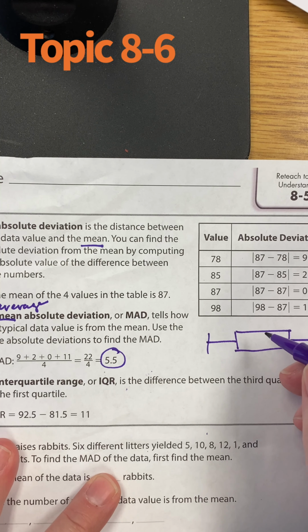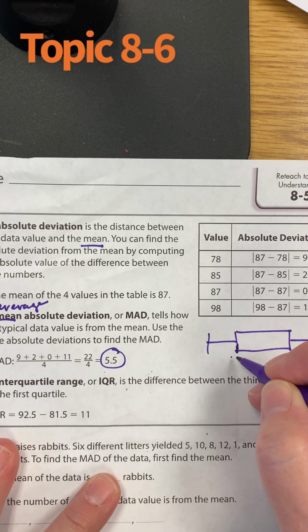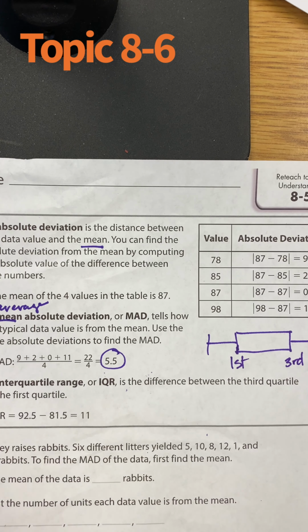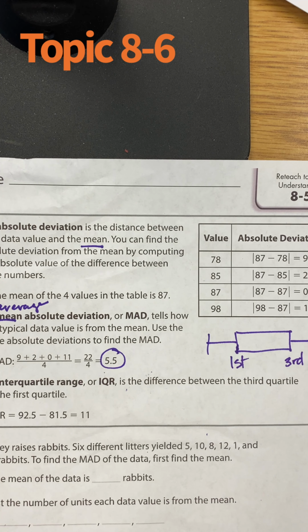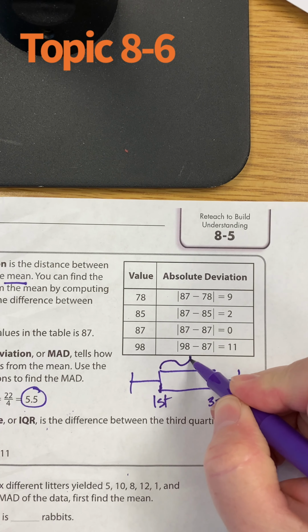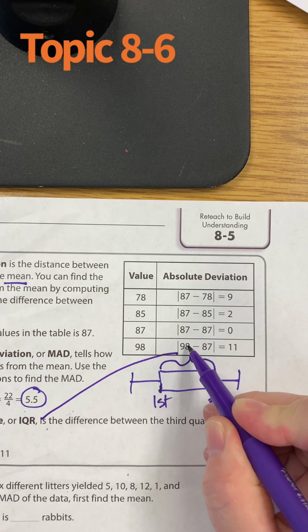The interquartile range would be how far apart the first and the third quartiles are, how far apart is that spread, and that would be the interquartile range. In Ann's, I'm going to go back to the book. Sorry, I'll finish my thought here. So this would be the IQR.